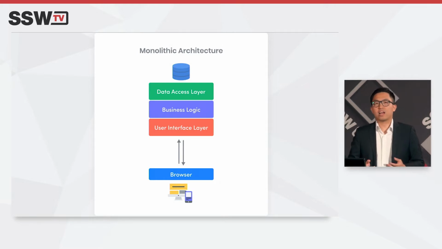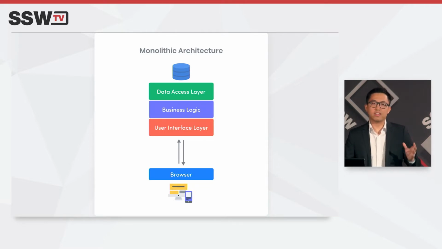A monolith architecture is actually a quite unified and easy to understand architecture, by which I mean it has a unified interface starting from the bottom. As we can see in this diagram, there's a browser there. So as a user interface, the user interacts with that layer and only with that layer.